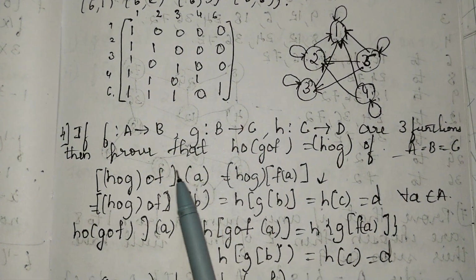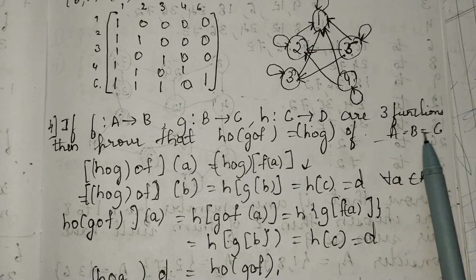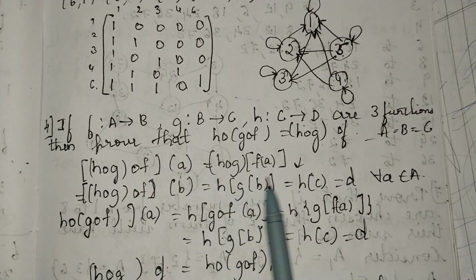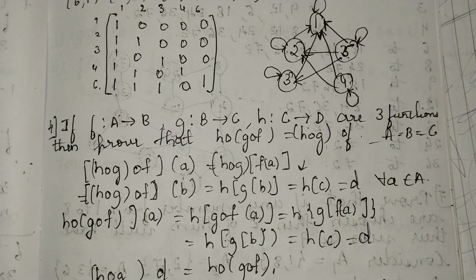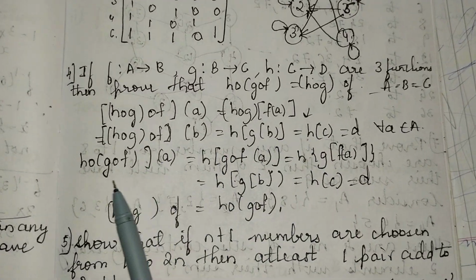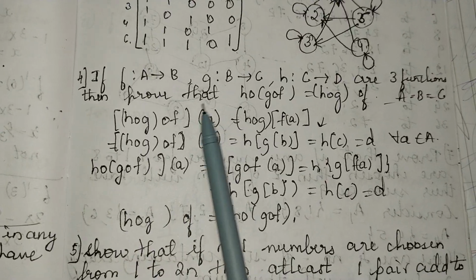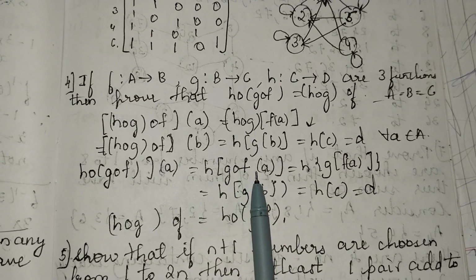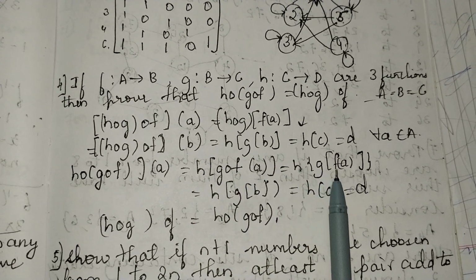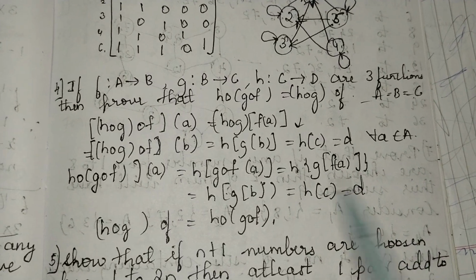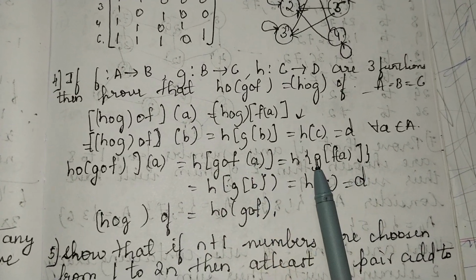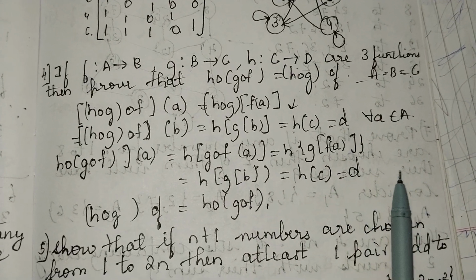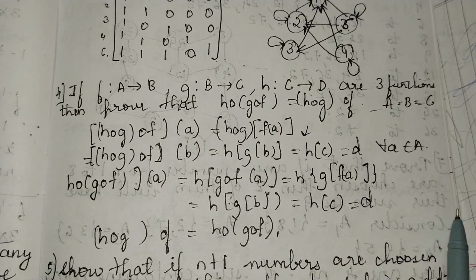Then similarly, just like how we have written it for A, they have told it is A equal to B equal to C. Similarly, like how we have written for A, write it for B, also write it for C. So once you write it, one more standard formula we have, that is this same thing that can be split up and written in the form of h of g of f of A. So g of f of A is nothing but B and f of A is nothing but C. So this B and C is nothing but some random value D, which gives us the proof.